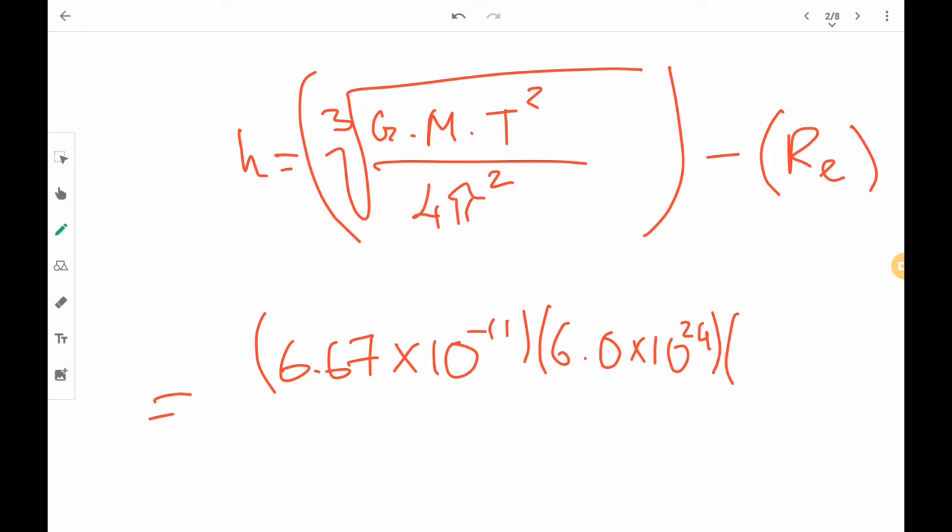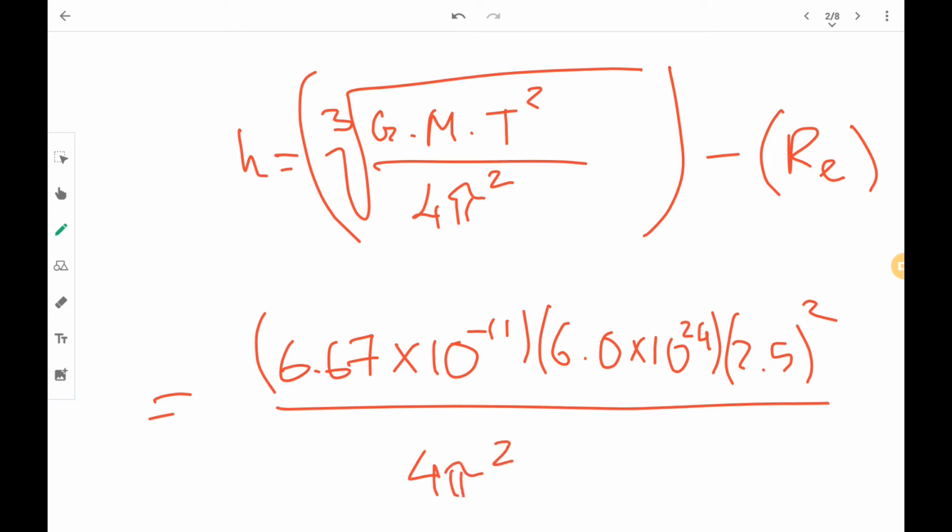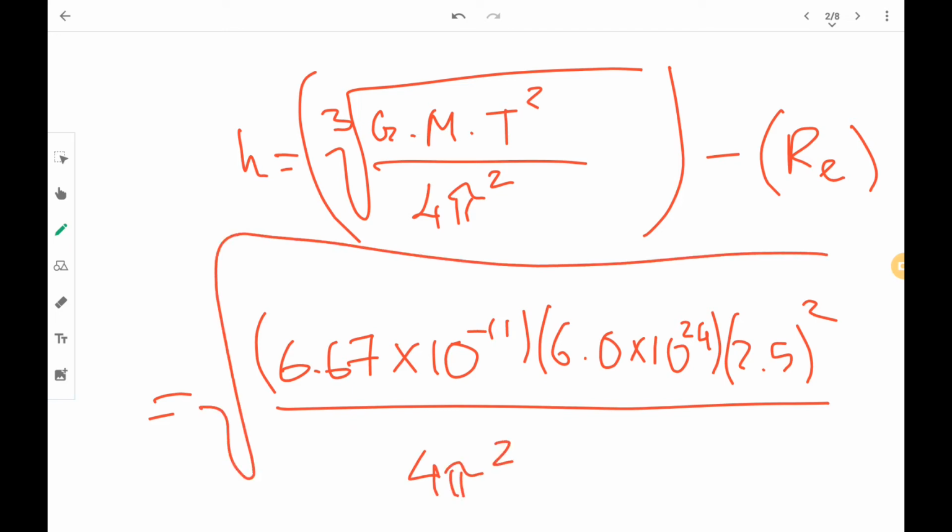The period they gave is 150 minutes, 2 hours, you will get 2.5 hours, squared over 4 pi squared, and then this minus the radius of the earth.